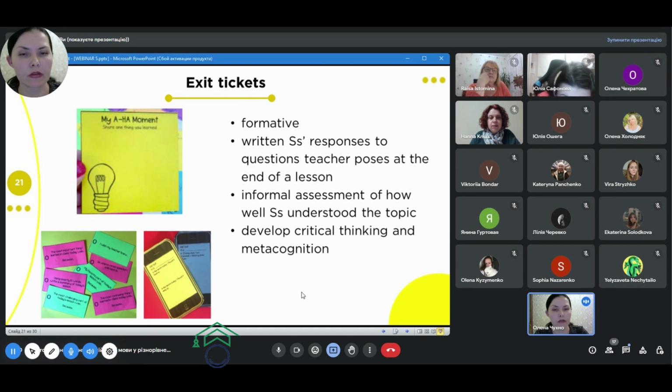It can develop students' critical thinking and metacognition. So what you do, you ask your students to answer one question. You give them a slip of paper at the end of the lesson, and when they leave the class, they give this slip of paper to you.